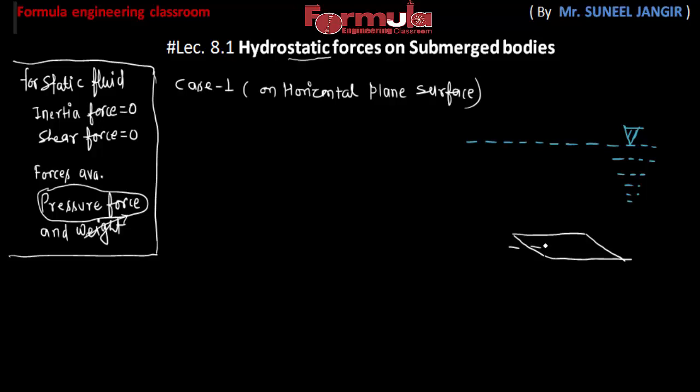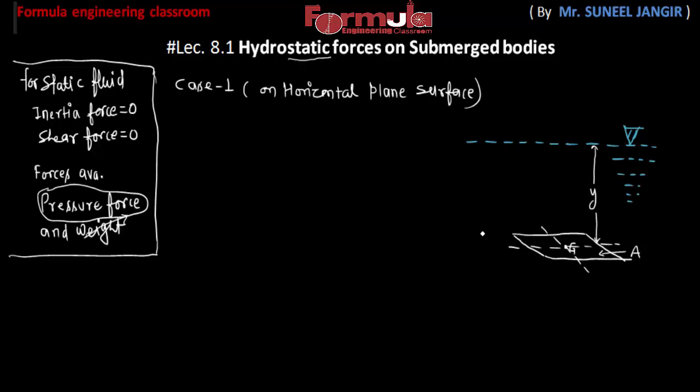So this is our horizontal plane surface here. It is at a distance y below the free surface, and around here is the center of gravity of this plane surface, and let the area of this one be A. So this is our case 1, hydrostatic force on a horizontal plane surface.